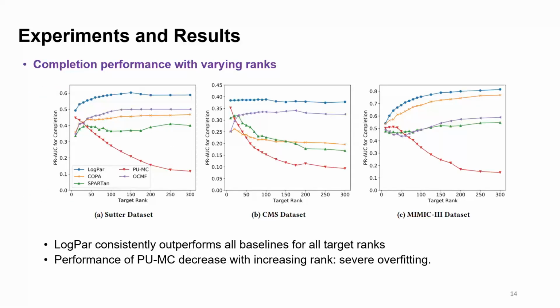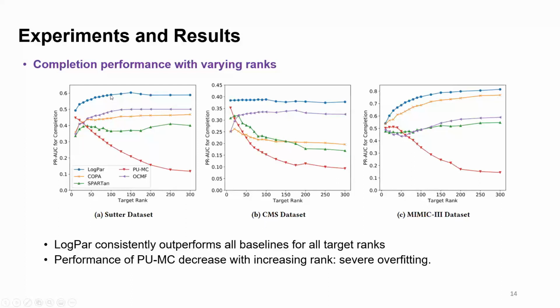First, we measure the completion performance with varying ranks. We vary the rank of the models from 10 to 300, and this figure shows the performance of our model and all the baselines on three different datasets.